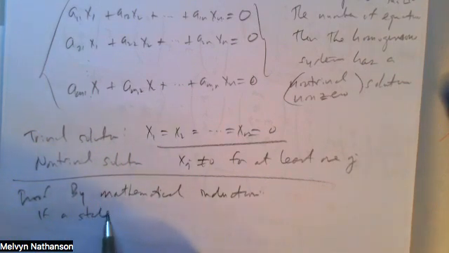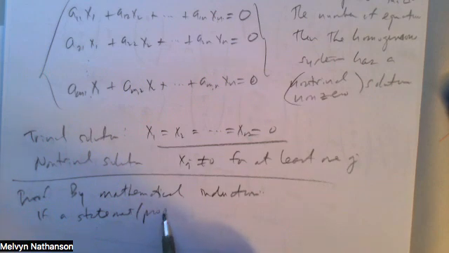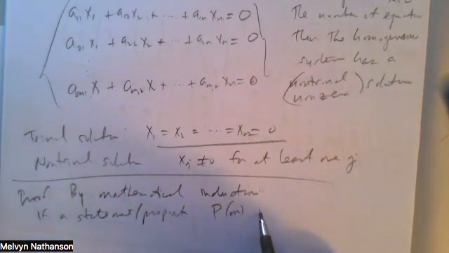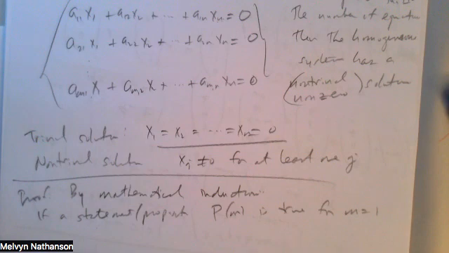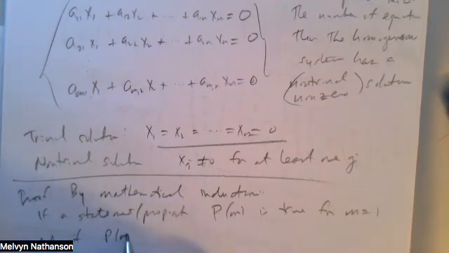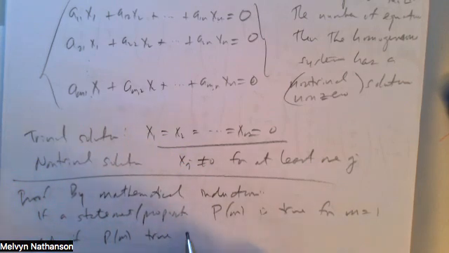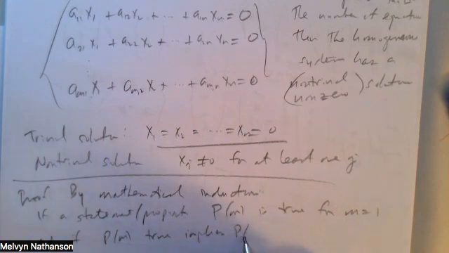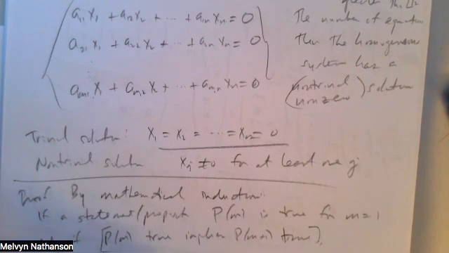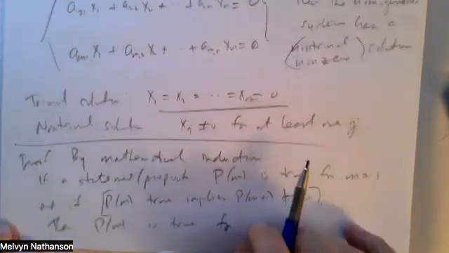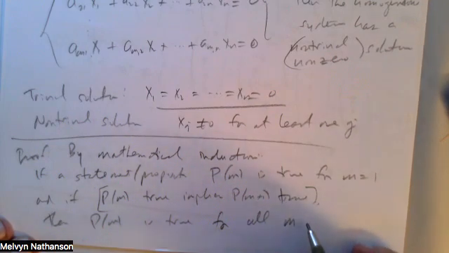If a statement, or a proposition or assertion, whatever you want to call it, P(m) is true for m equal 1, so when we let m equal 1, the statement is true, and whenever P(m) is true, that implies P(m+1) is true, then P(m) is true for all positive integers m.